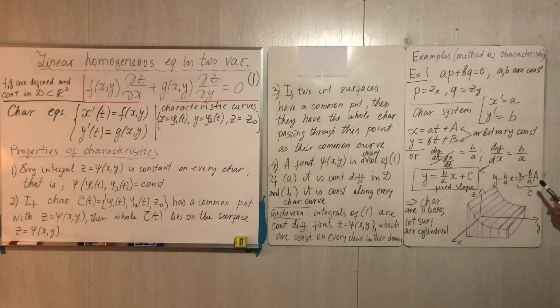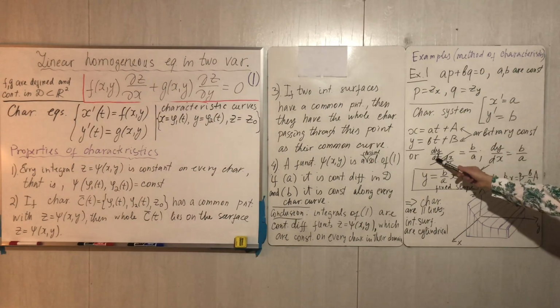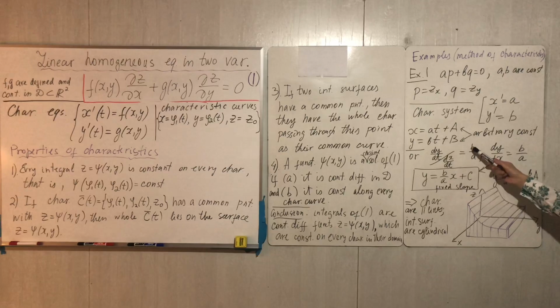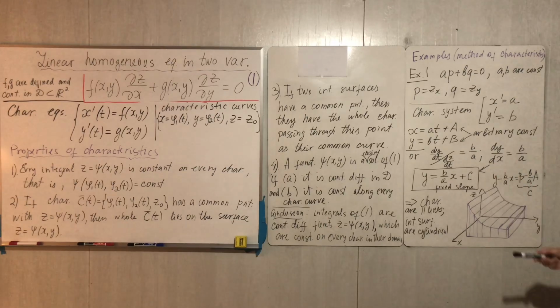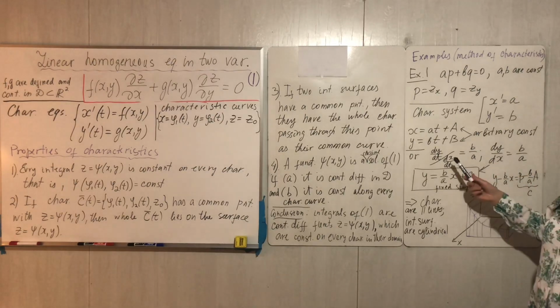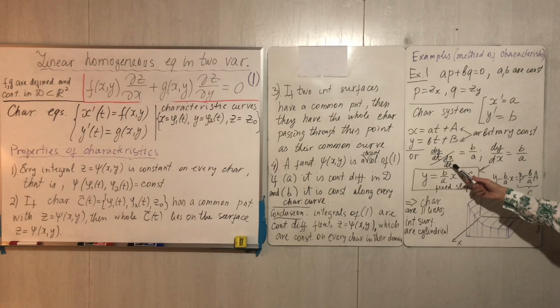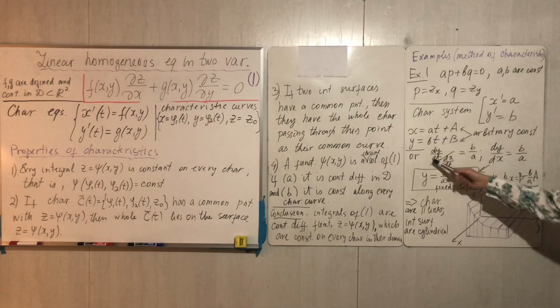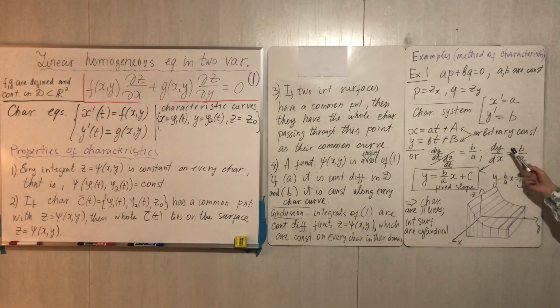Or alternatively, what we can do, if we look at this system and rewrite it and divide one equation by another, we will have dy/dt over dx/dt equals b over a, and then what a physicist would say, we multiply by dt, so then we will have dy/dx equals b over a.